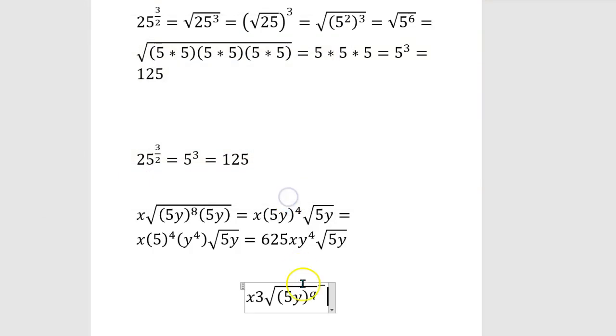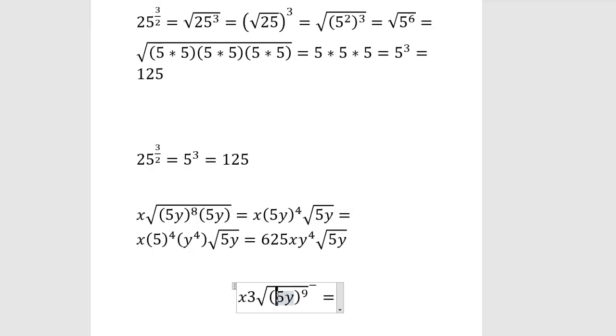But I don't have a pen on this thing. That's a screwball interpretation of what I had written. 9th. And I meant cube root up there.